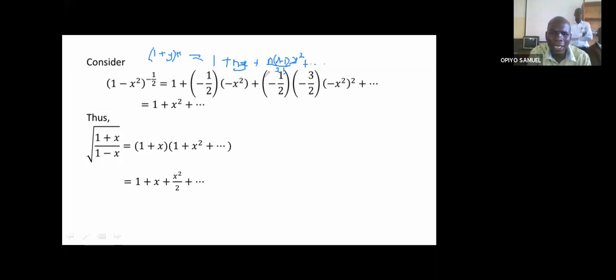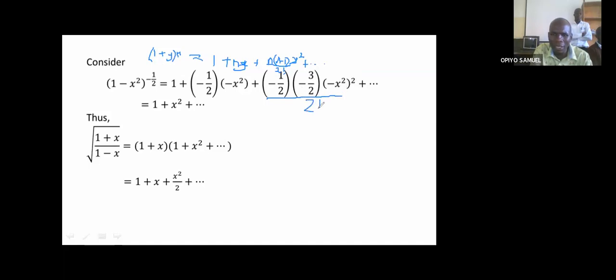Plus the next term will be negative a half for n, then negative 3 out of 2, which is n minus 1. Since our n is negative a half, when we take away 1, we remain with negative 3 out of 2. Then negative x squared, then this would be over 2 factorial.